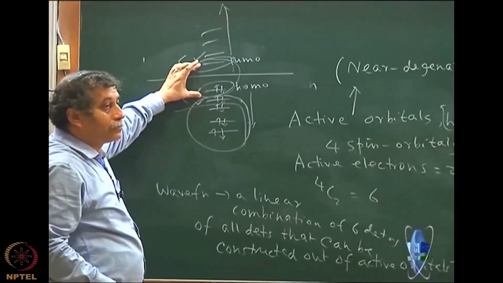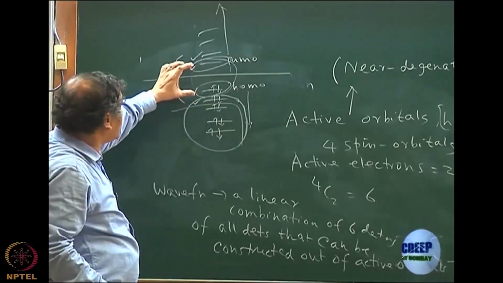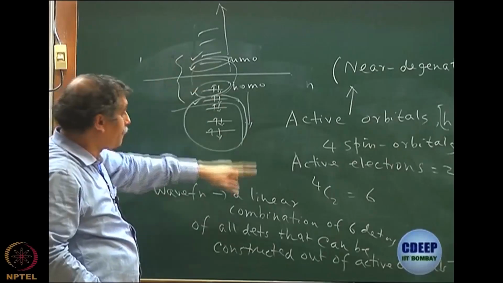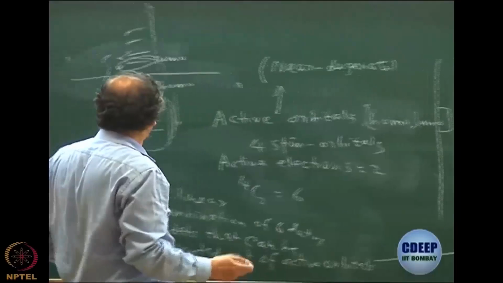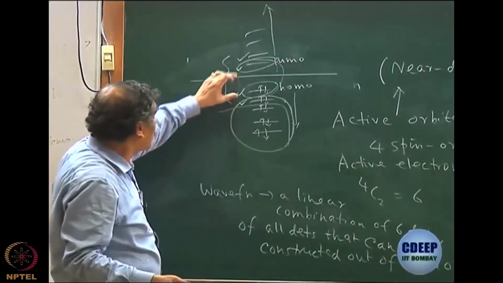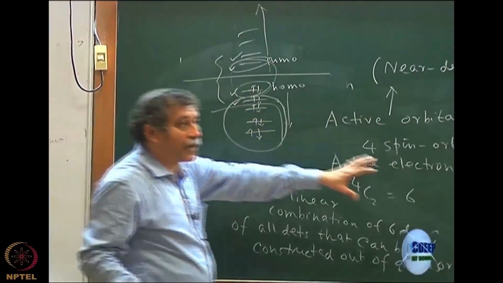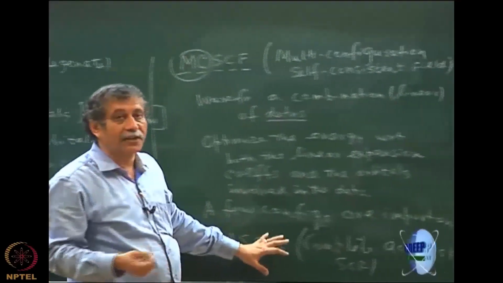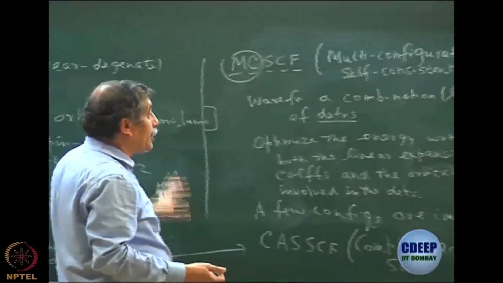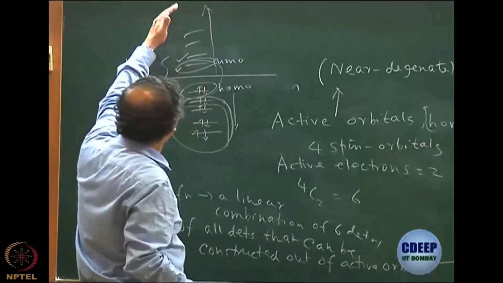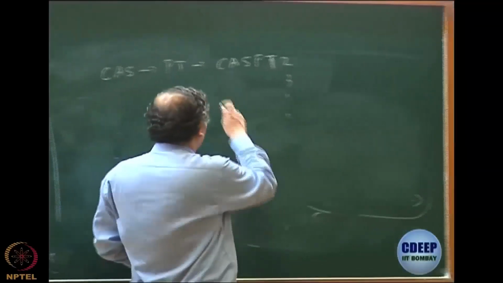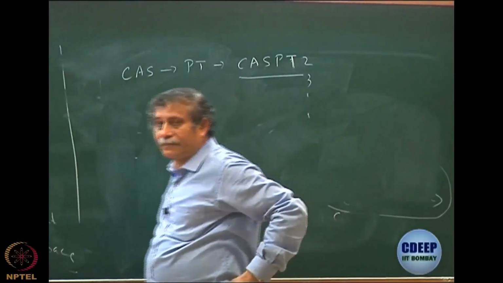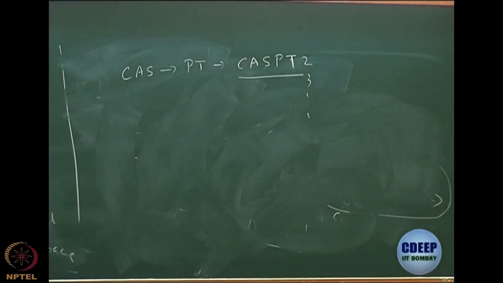Only these two correlations are taken care of, and this is usually called the non-dynamic correlation, where very few configurations are important. Now, I don't want to introduce these terms late in the course, but I just thought I will tell you. So, MCSCF or CAS SCF does the non-dynamic or static correlation very well, but you need these dynamic correlations. All the other bases, then you have to do a perturbation theory on that, and that is where CAS PT2 gives very good results. In fact, if you do second order perturbation, that's good enough.